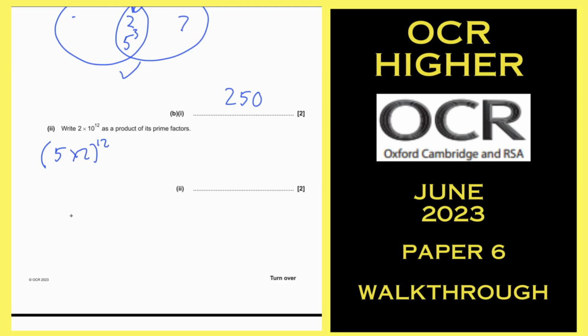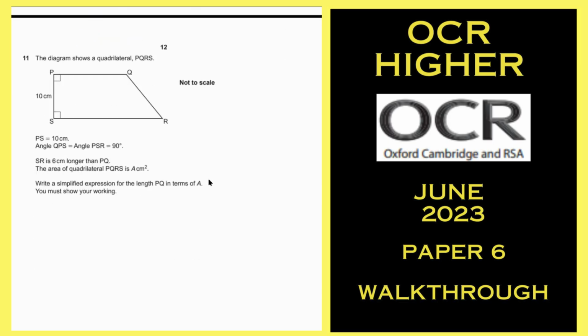Now, if you analyse that closely, that really means if you wrote that out in full, 5 times 2 times 5 times 2 times 5 times 2, and so on 12 times, you'd have written 5 down 12 times and 2 down 12 times. 1 mark for breaking it up, but don't forget, there's an extra 2 in the question, meaning your final answer is 2 to the power of 13 times 5 to the power of 12. And there you go. So just breaking it down a little bit further, 5 2's is your key.